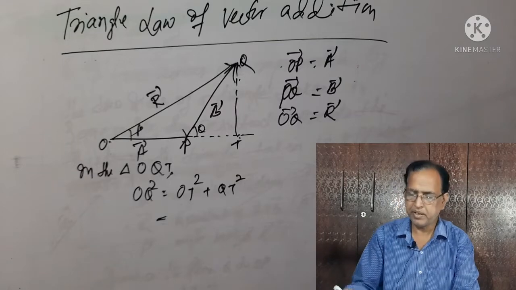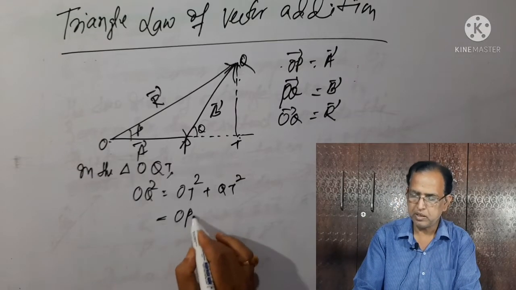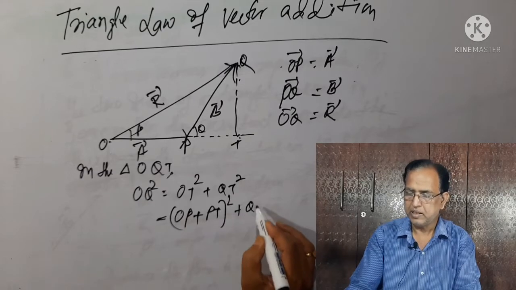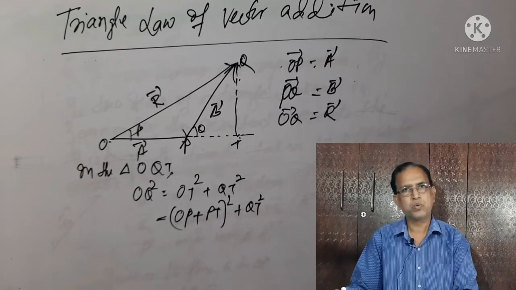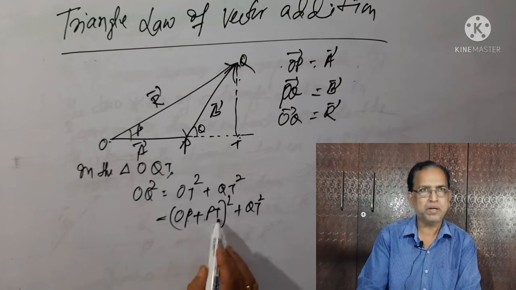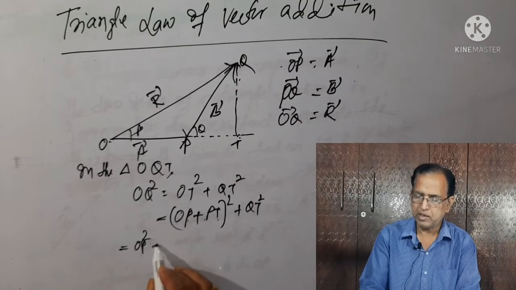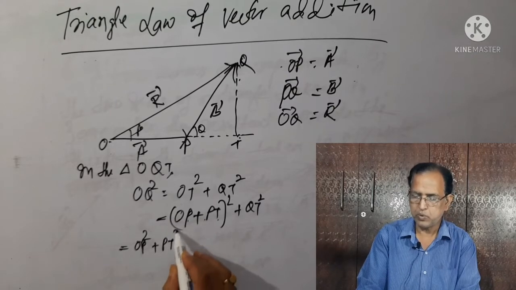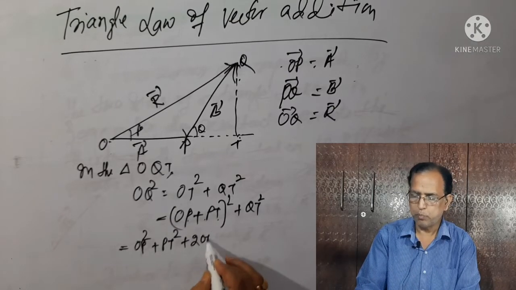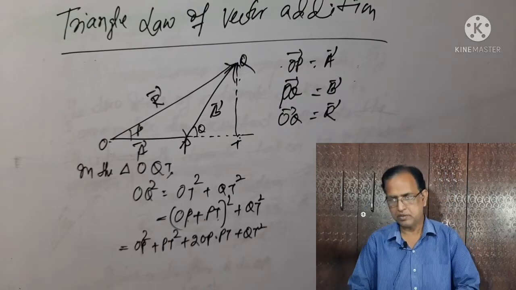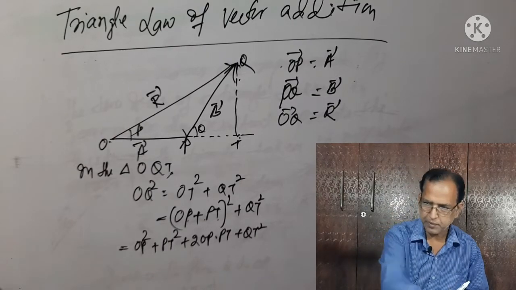So OQ square is equal to OP plus PT the whole square, plus QT square. That is equal to OP square plus PT square plus 2 OP into PT plus QT square.